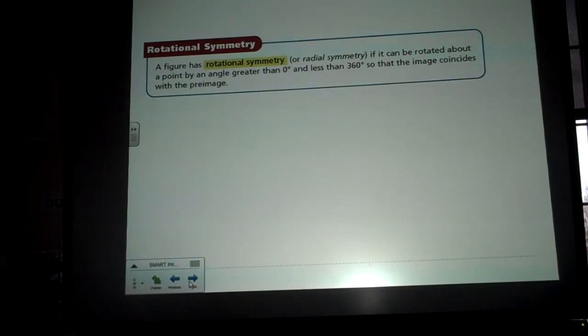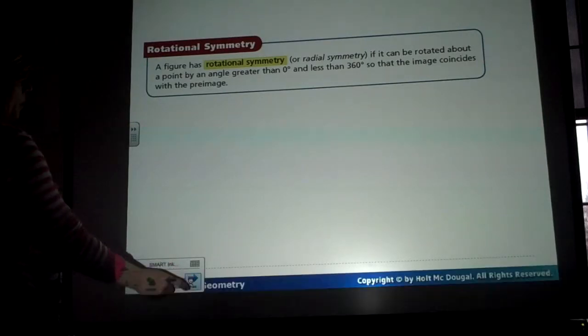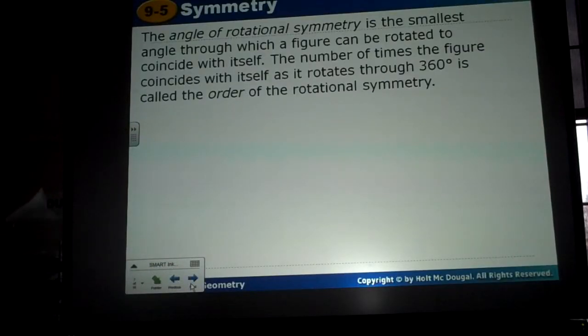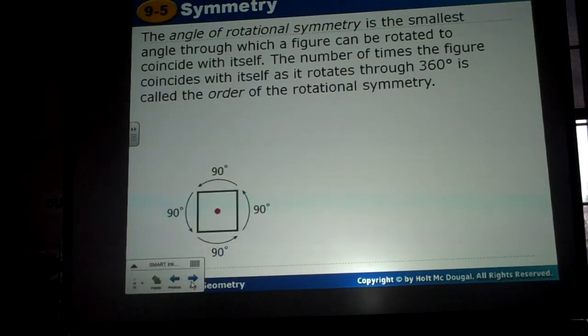Okay, a figure has rotational symmetry or radial symmetry if it can be rotated about a point by an angle greater than 0 and less than 360, so that the image coincides with the pre-image. The angle of rotational symmetry is the smallest angle through which a figure can be rotated to coincide with itself.